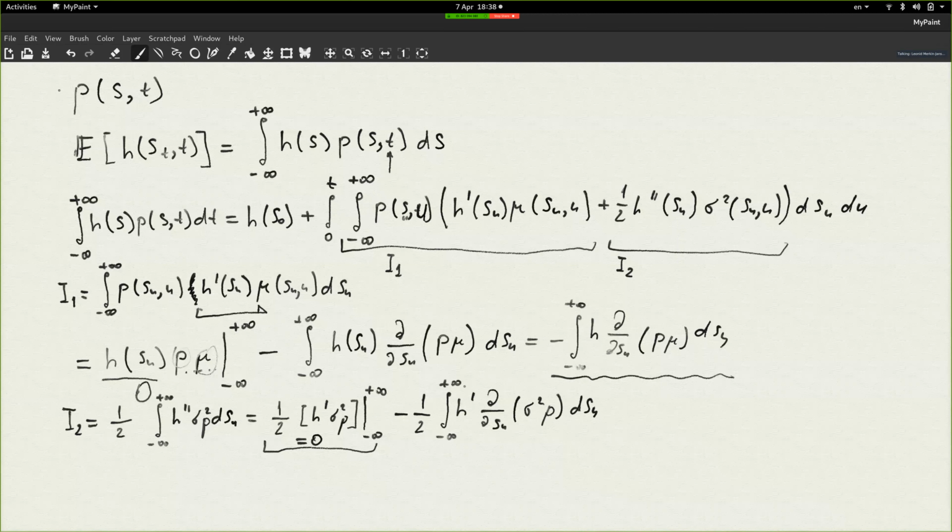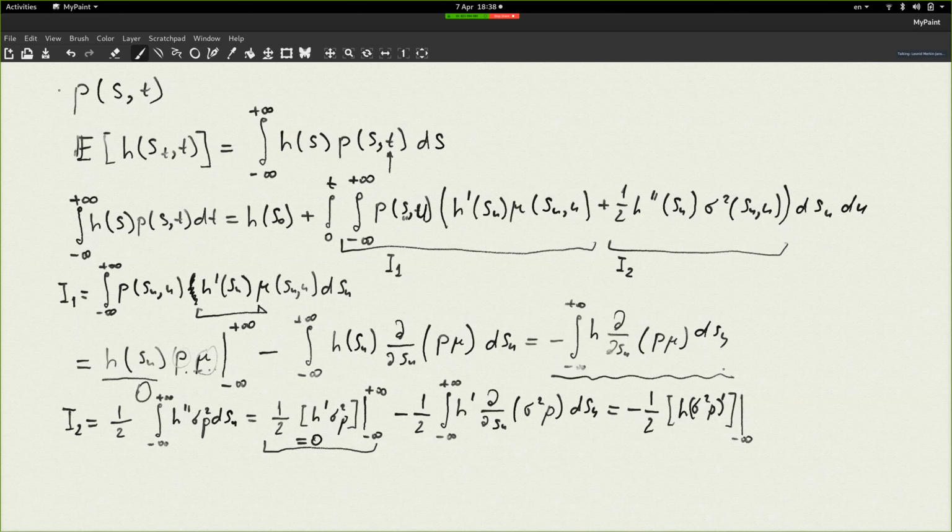Therefore, it is only minus 1/2 of the second integral, but the second integral is again evaluated in the same way using integration by parts. Therefore, it is minus 1/2 of h times sigma squared p prime from minus infinity to plus infinity.